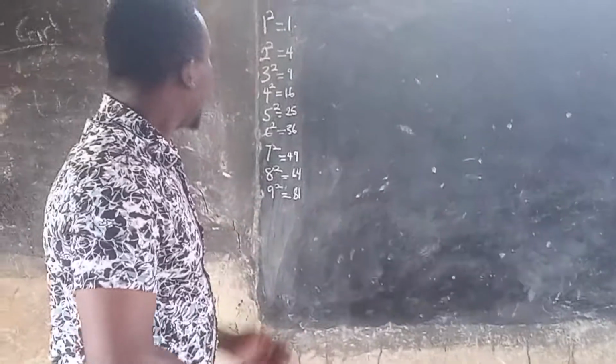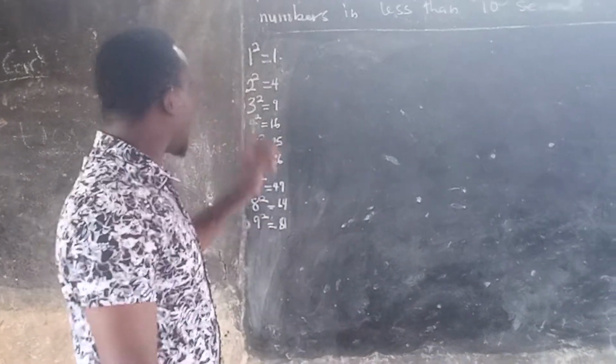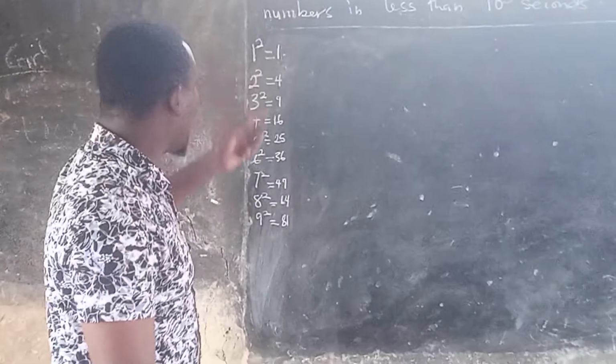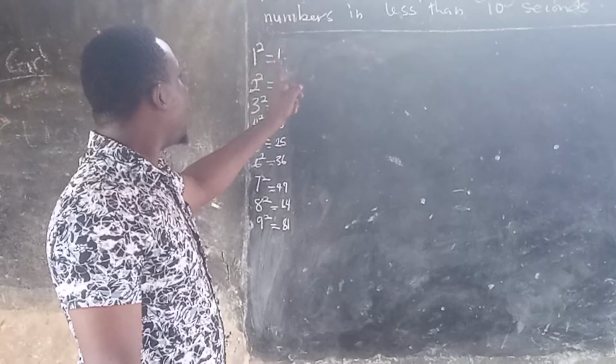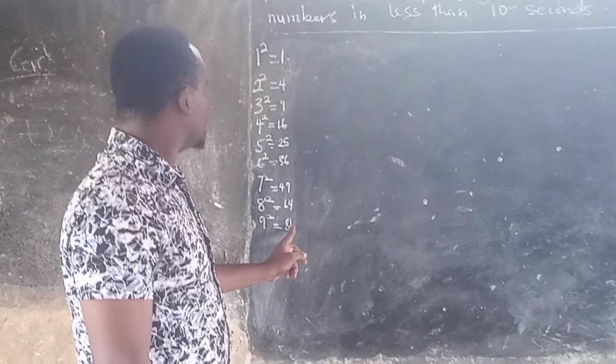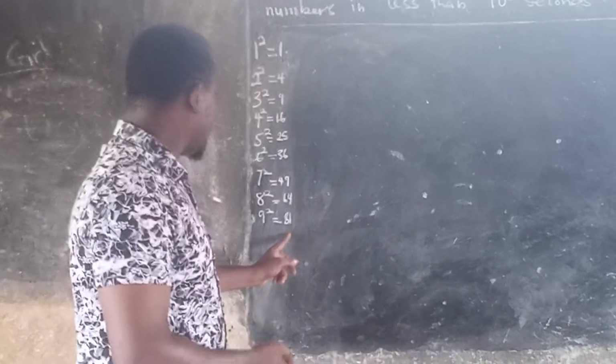With this, you can see that the numbers which end in 1, we have 1 and 9, since 1 and 81.